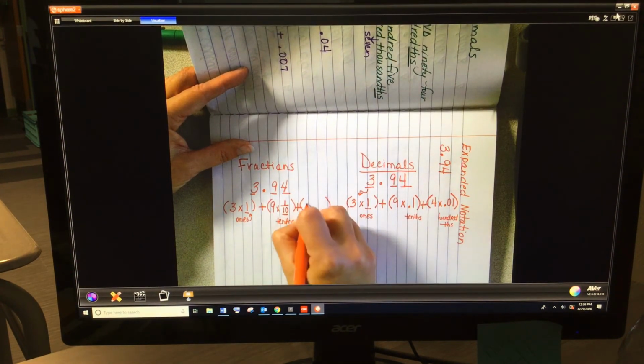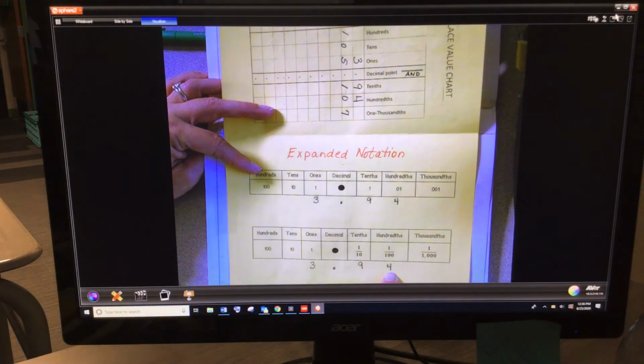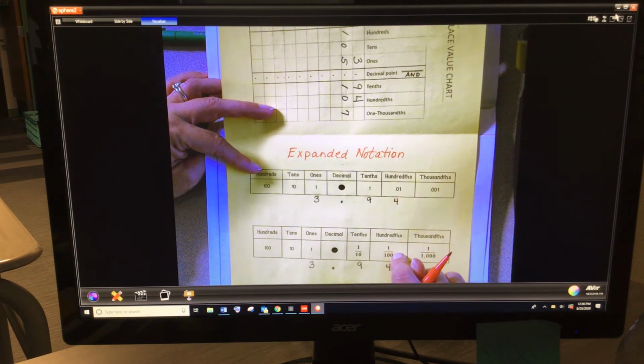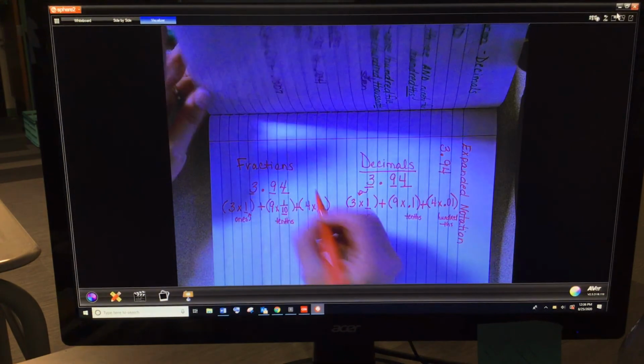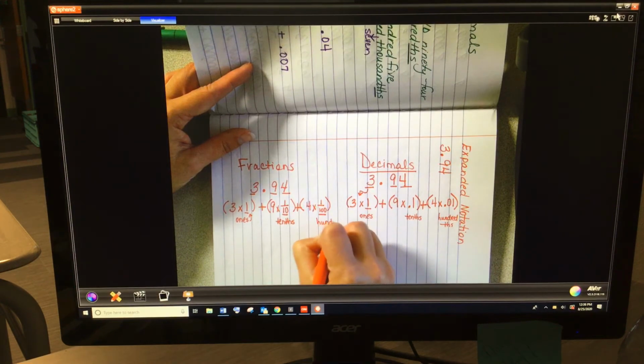Let's bring down our 4. 4 times what place value? What place value is the 4 in? We wrote it under our chart. It's in the hundredths, so that's 1/100. So we just found a decimal, fraction, equivalency. They're equal. So it's going to be 4 times what as a fraction? 1/100, because the 4 is in the hundredths place value.